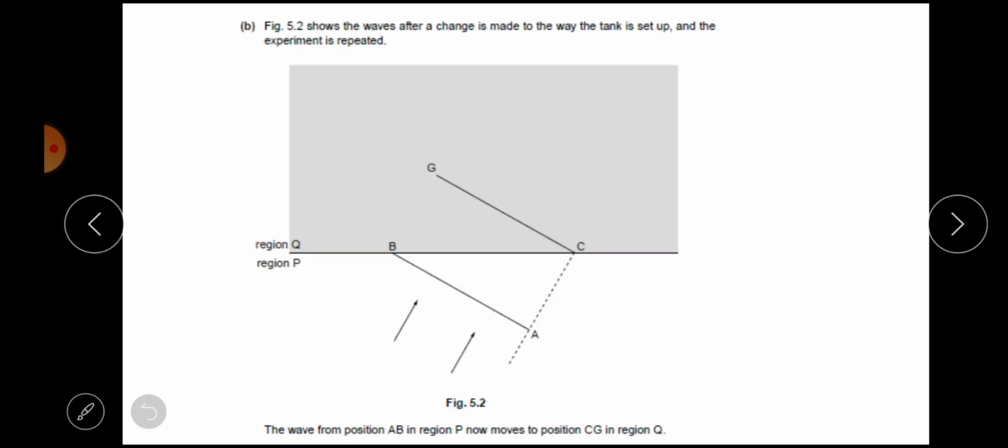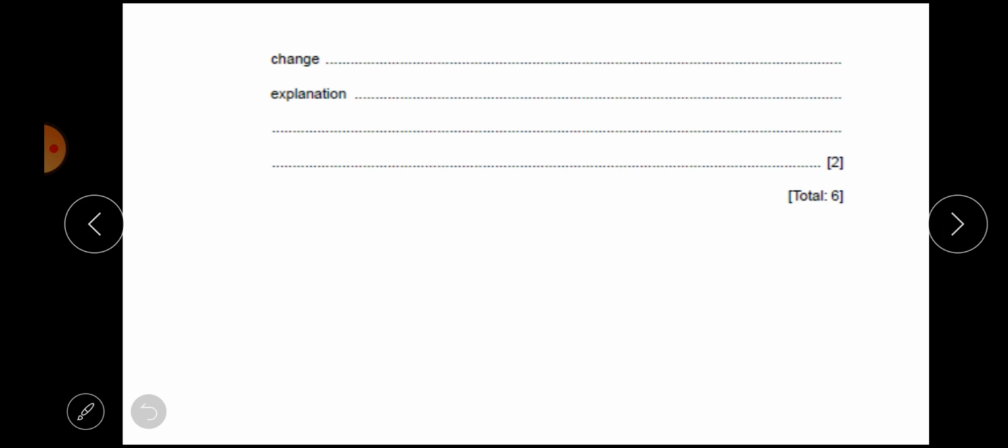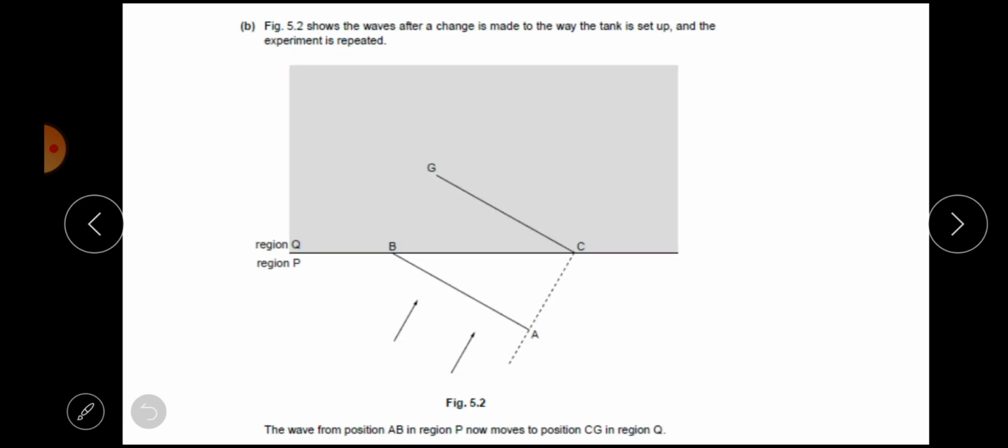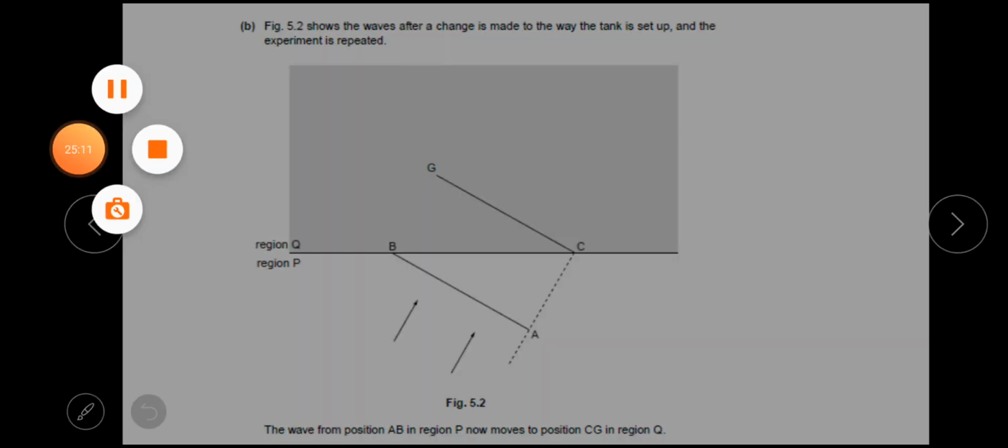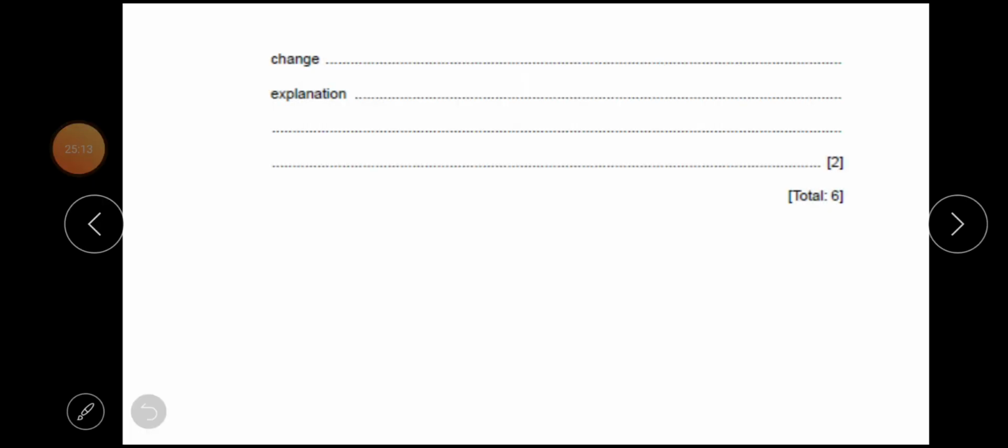I don't have the question here, but we have to state the change, if any, and explain if there is any change. Let me just look at the question. Anyway, the question is not here, sorry, but we have to state if there is any change.